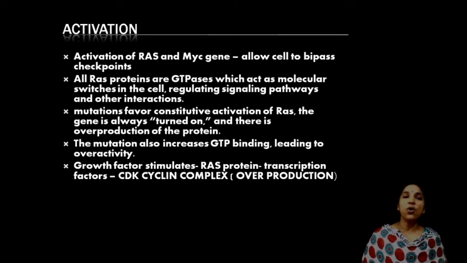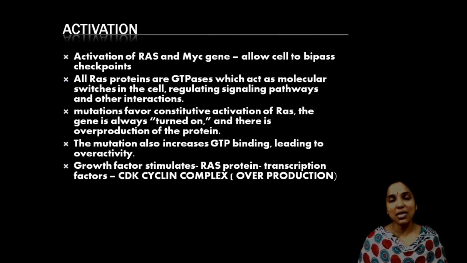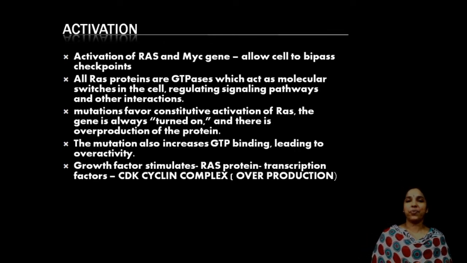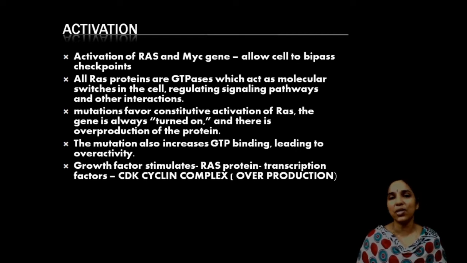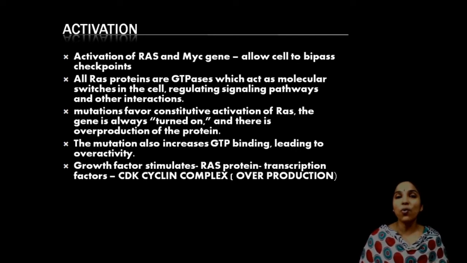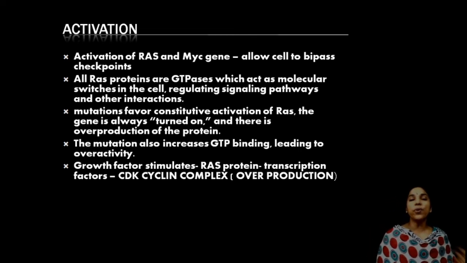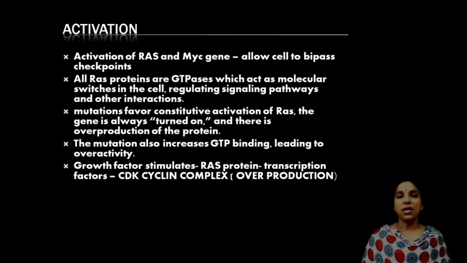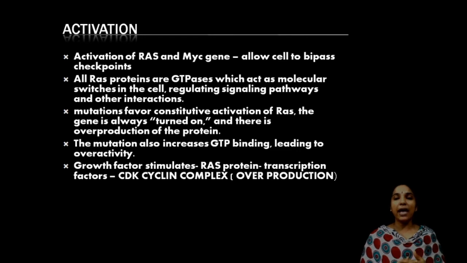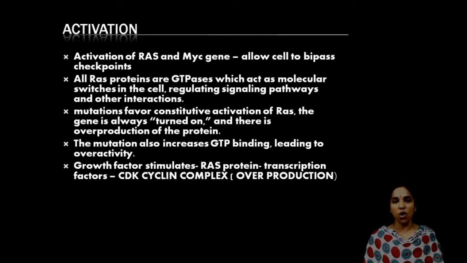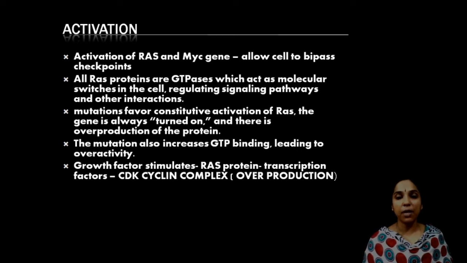Clear? So RAS are GTPases, guanosine triphosphatases, and they are the molecular switches in the cell. They regulate the signaling pathway. Mutations cause these genes to turn on, and there is an overproduction of certain proteins.